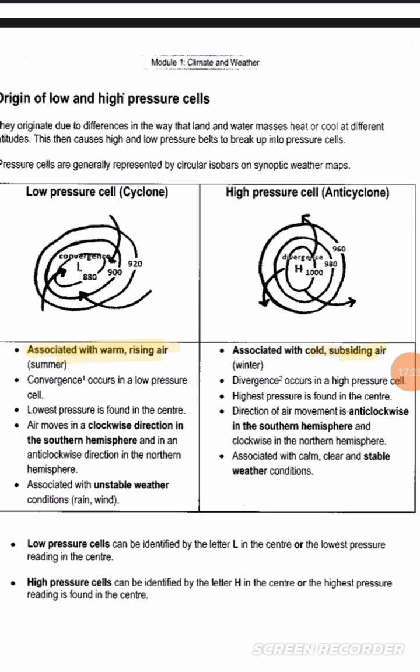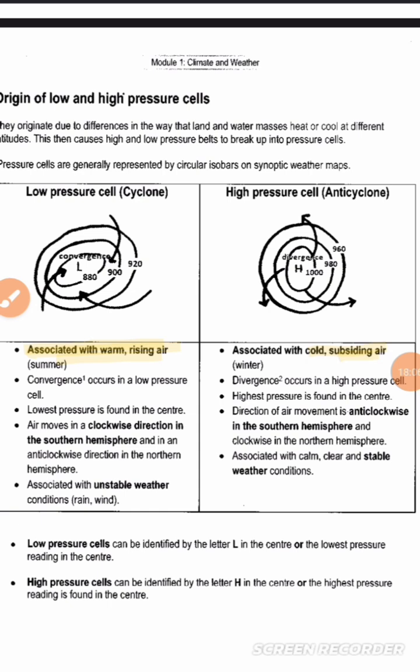But here in the mid-latitude cyclone, we say convergence occurs in a low pressure cell, meaning that the air is converging, going downward. Then divergence occurs in a high pressure, meaning that the air moves outside. So that's what we call convergence and divergence.